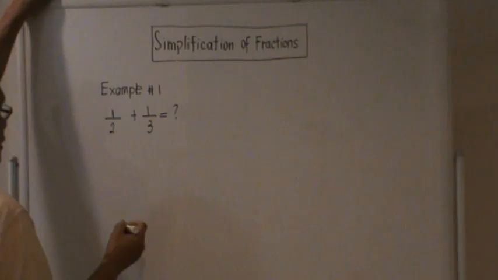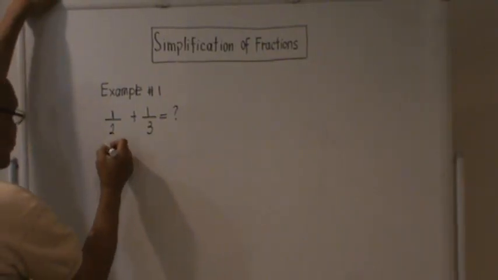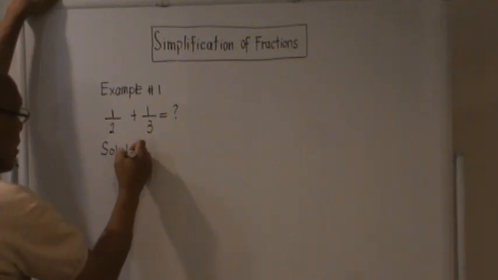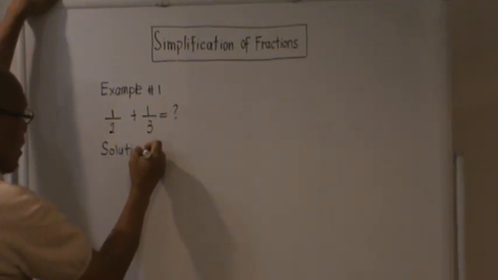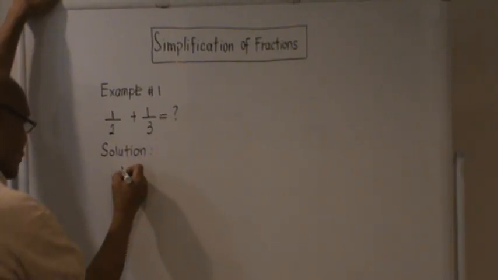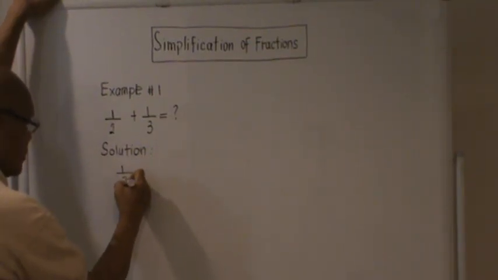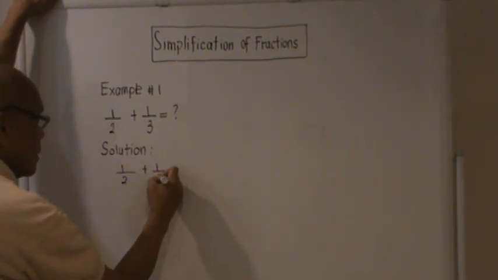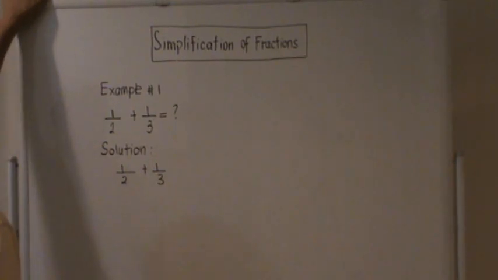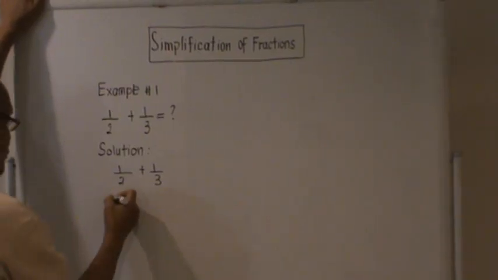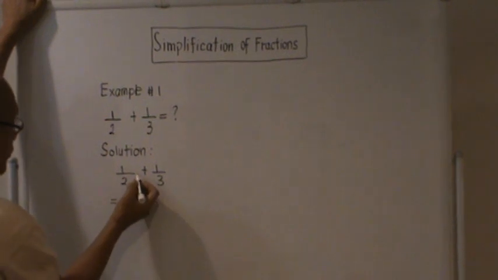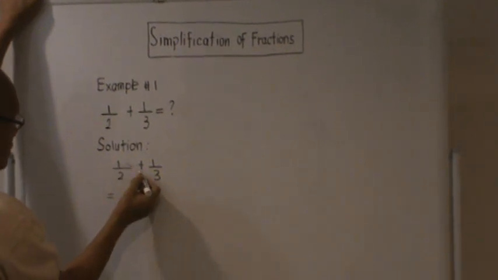The usual way, if we try to bring out the solution of this one, we will write the fractions, and if we try to simplify this one, we'll be taking the product of this.